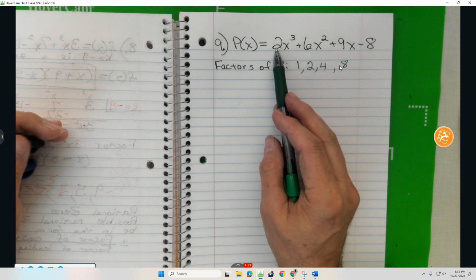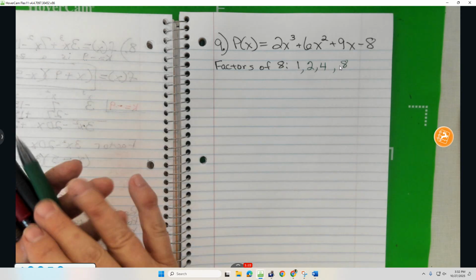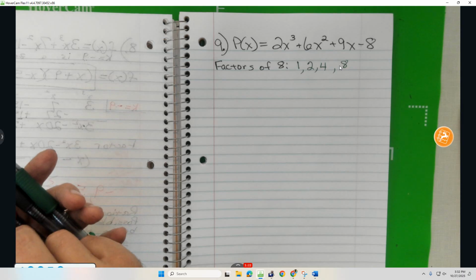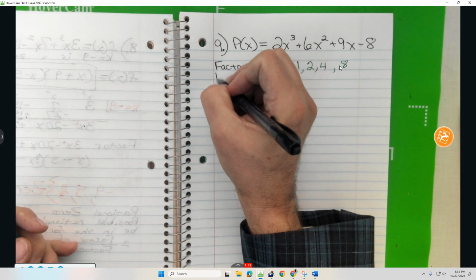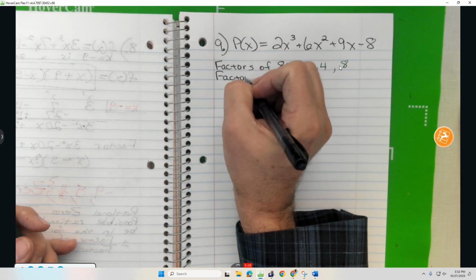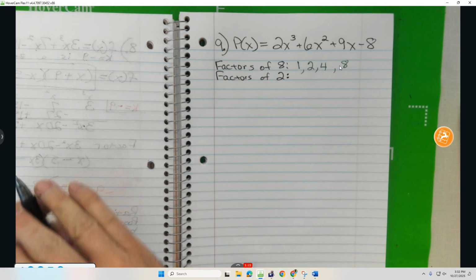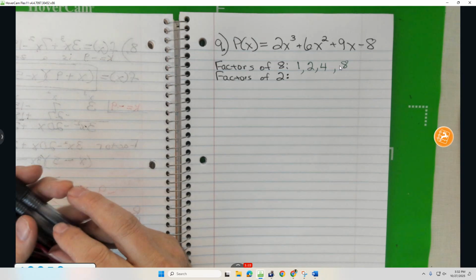Now we need the factors of the leading coefficient, the factors of 2. Oh, this is really nice.